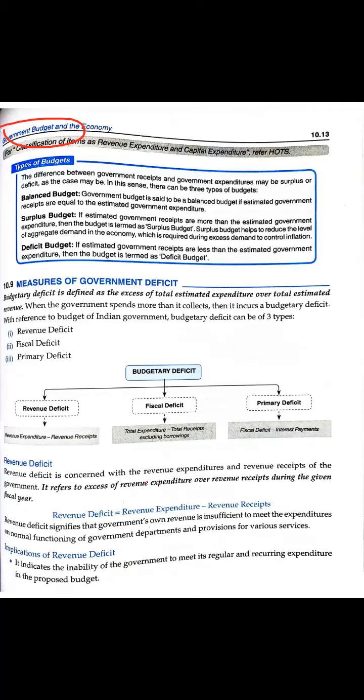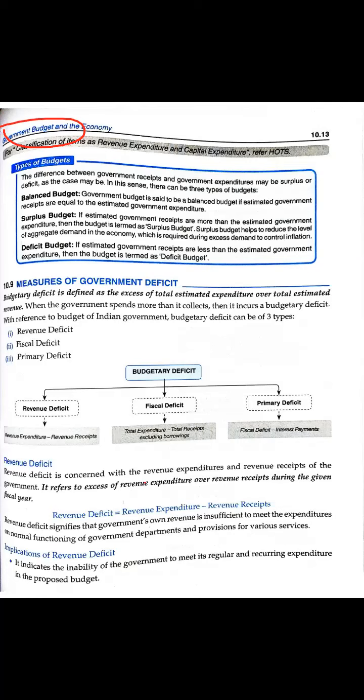So like that, expenditure will be more than the income. With reference to the budget of the Indian government, budgetary deficit can be of three types: revenue deficit, fiscal deficit, and primary deficit. Please try to understand that the meaning of deficit is shortage. So when expenditure is more than the income, in that case definitely we will call it deficit.